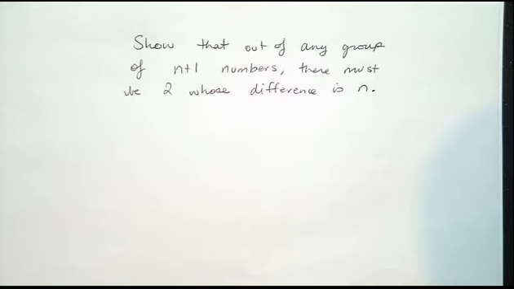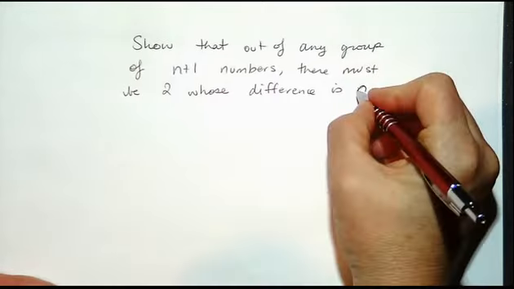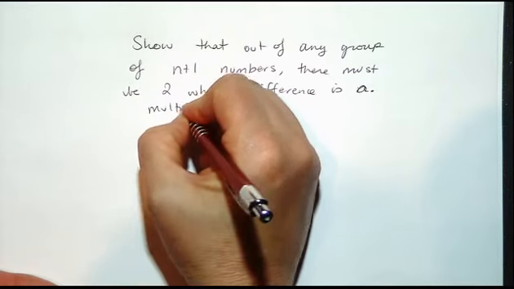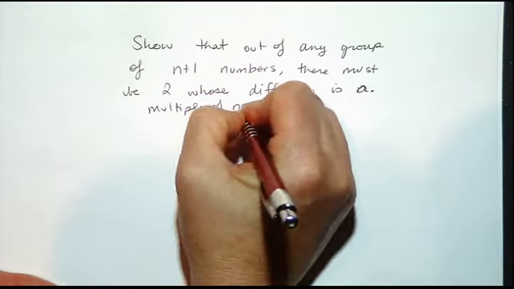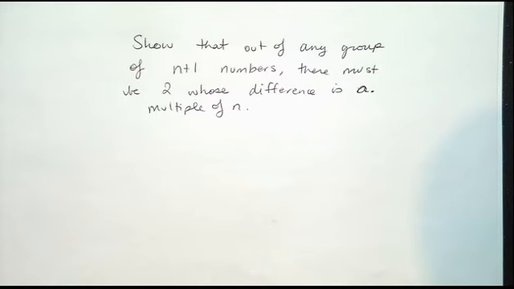Okay, so what does it mean to have 2 numbers whose difference is n? I'm sorry, I meant a multiple of n. Yes, it is like mod.